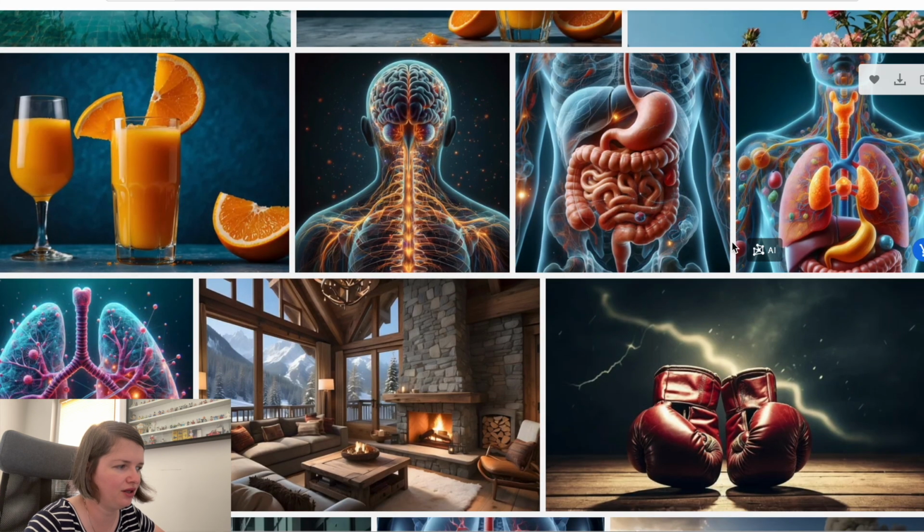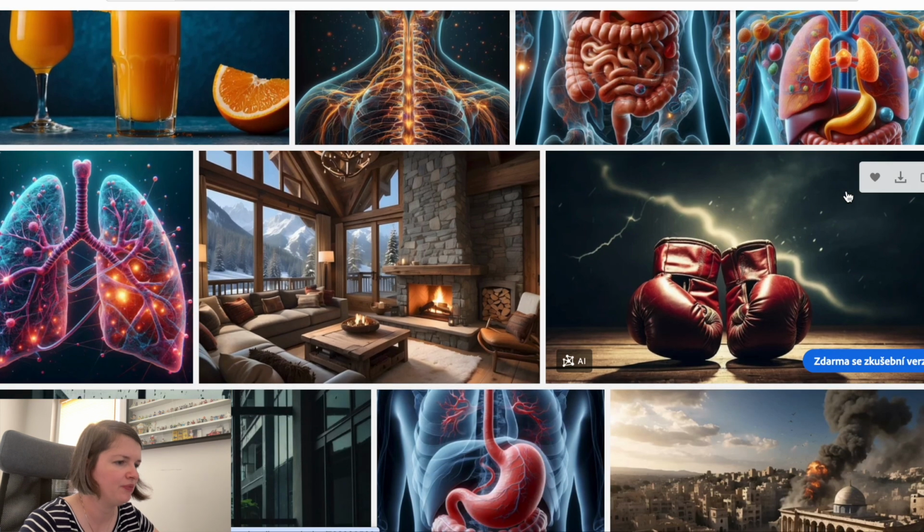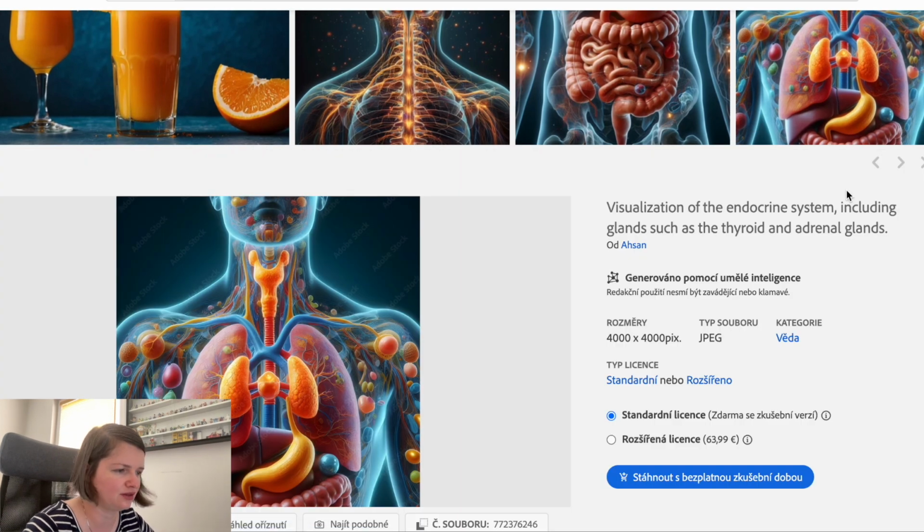For the health related images, I think you said that some of them are selling well for you, but with generated images I would be really careful, because it is very often not accurate in depicting organs and things like that.